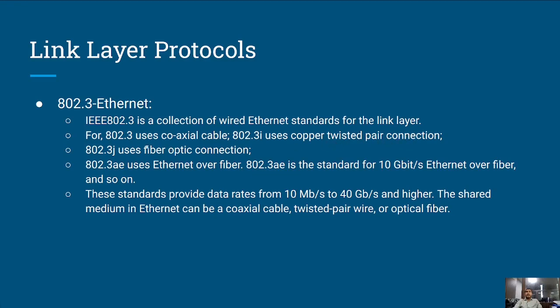Similarly, we have 802.3j, which uses a fiber optic connection. Then 802.3ae uses Ethernet over fiber. Similarly, other iterations are also available. So these standards provide data rates from 10 Mbps to around 40 Gbps and higher. It depends on the medium and the kind of transceivers that have been used.